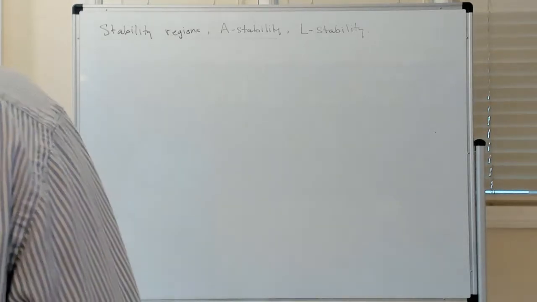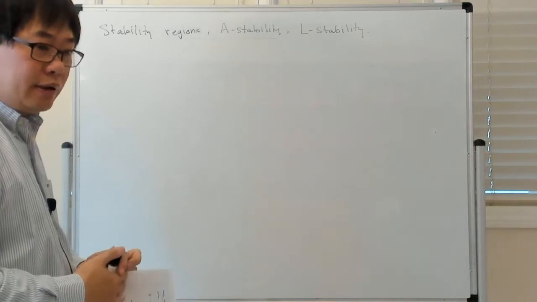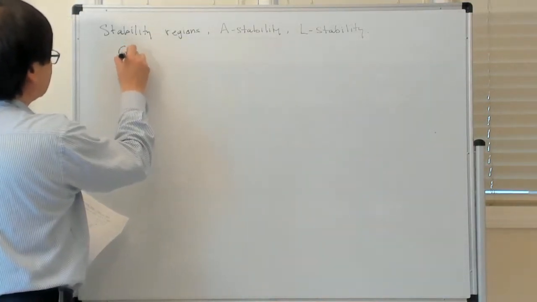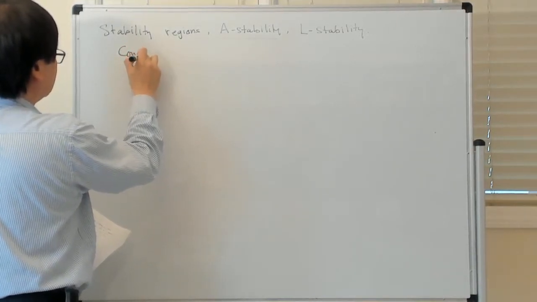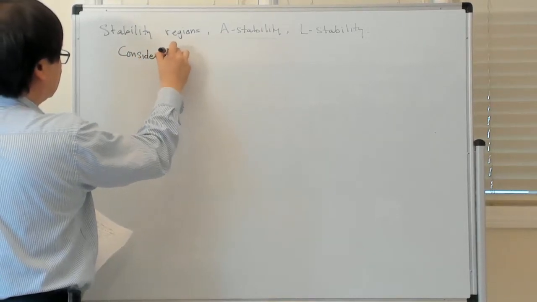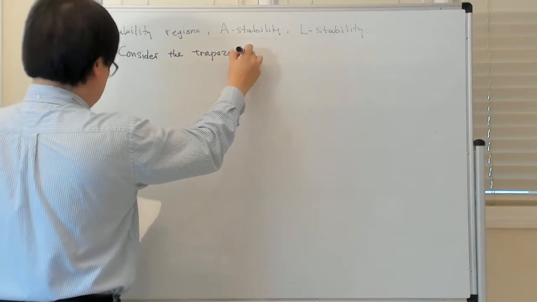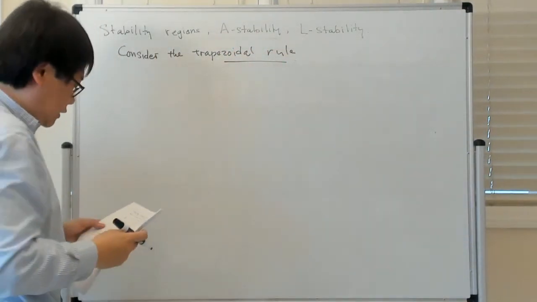Okay, so in particular, let's try to make this a little bit concrete by considering a specific numerical method. So let's consider the trapezoidal rule. Okay, and let's look at the stability analysis of this.